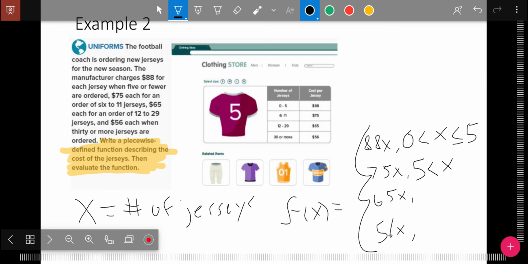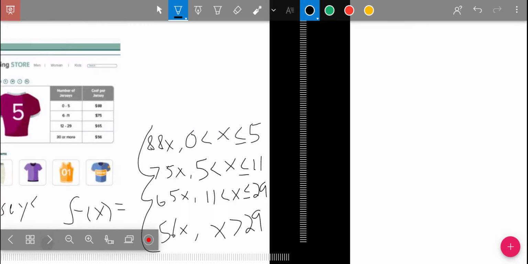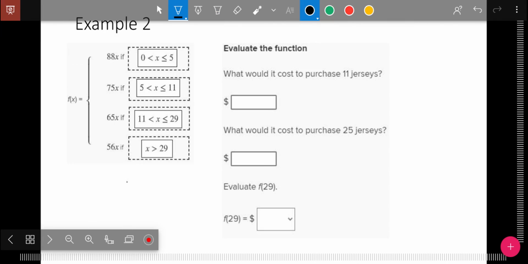But anything more than 5, I can buy 5.1 of it, then that would be more than 5. Up to 11. And then anything more than 11, up to and including 29. And then the last one is just everything bigger than 29. And that's the tricky part, is how you should write the constraints to the domain. And so we have that same table here, and now we got to evaluate it.